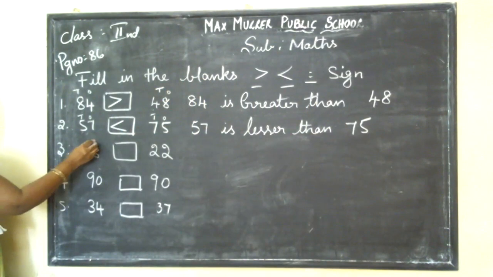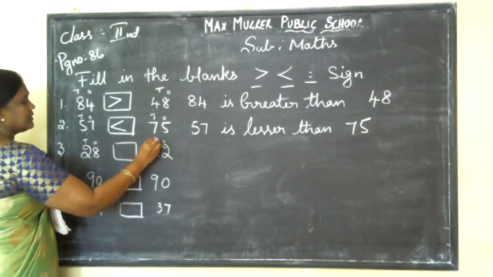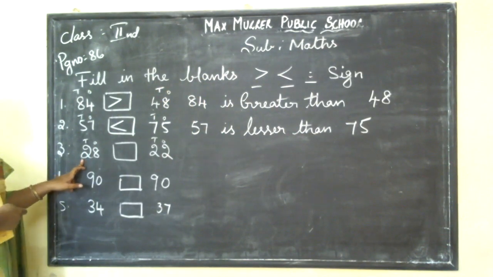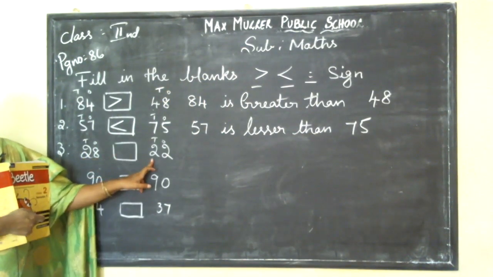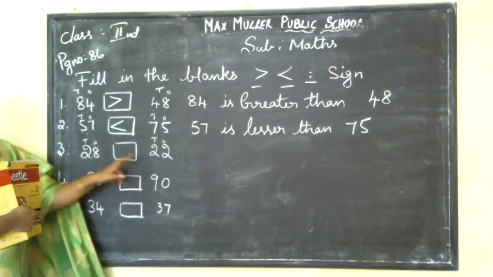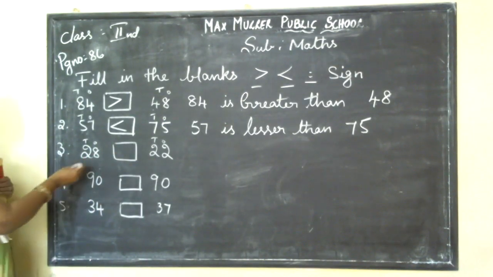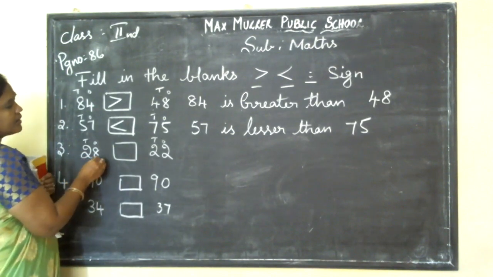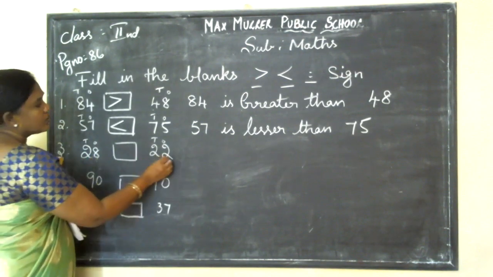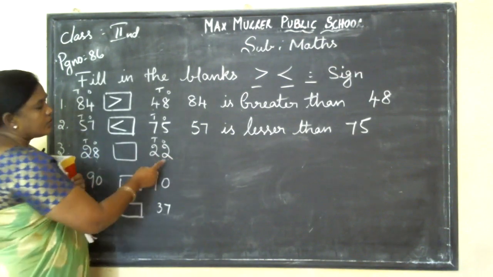See here, ones, tens, ones, tens. In the tens place, 2 is here. Here also in the tens place, 2 is here. So what we will do, if both numbers in the tens place are the same, we will go to the ones number. In this number, 8 is in the ones place, here 2 is in the ones place.